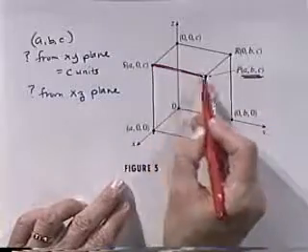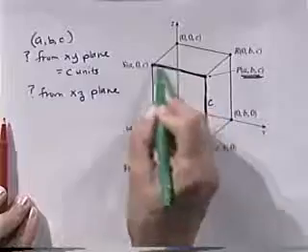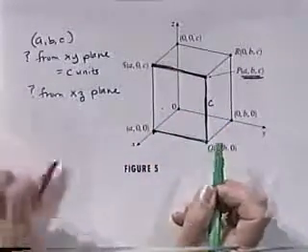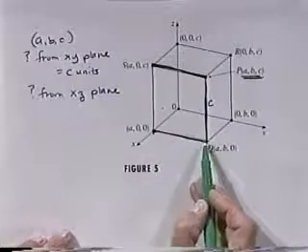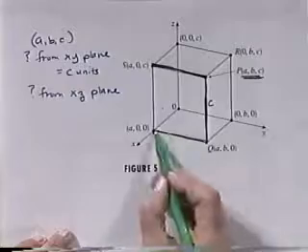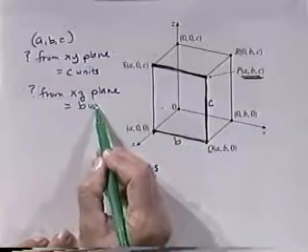Do you all agree that this length and this length are the same? How long is this one? B, right? Because we went over A, over B, up C. From here to here is B. So the distance from the xz plane is B units.